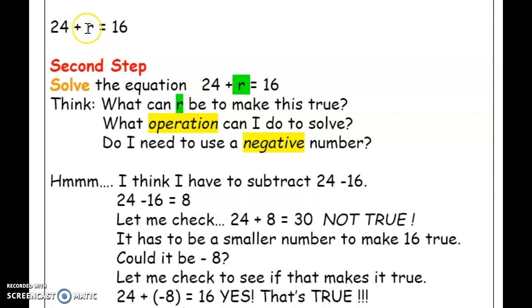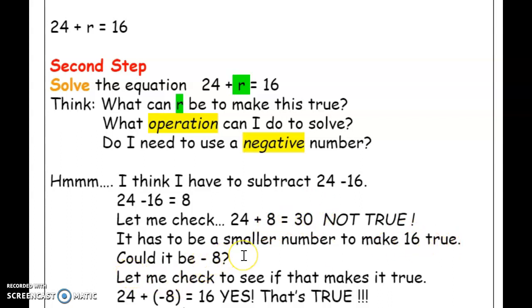If I put the 8 in here, would that make it true? 24 plus 8, well, that equals 32, so that's not true. If I put that 8 in here, 24 plus 8 would not equal 16, so 8 wouldn't work. Well, it has to be a smaller number to make it true because if I put the 8 in here, the 32 is making it bigger.